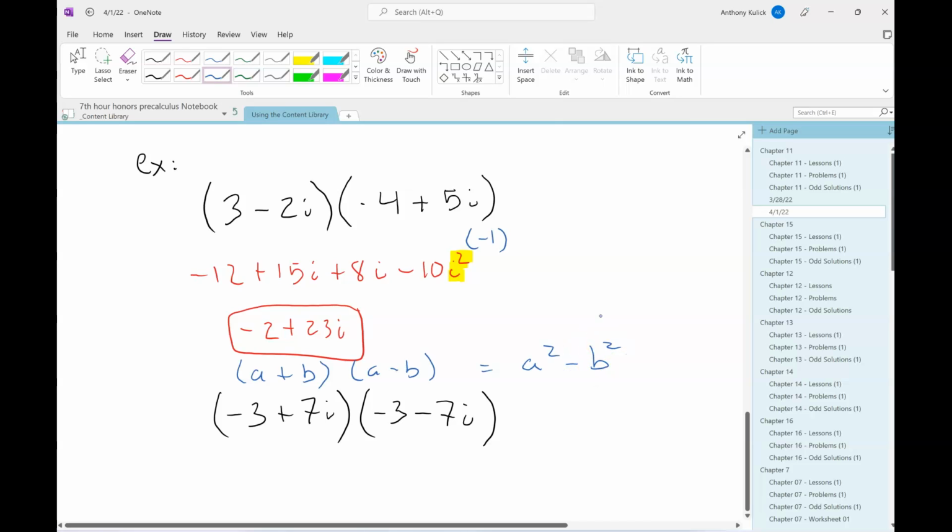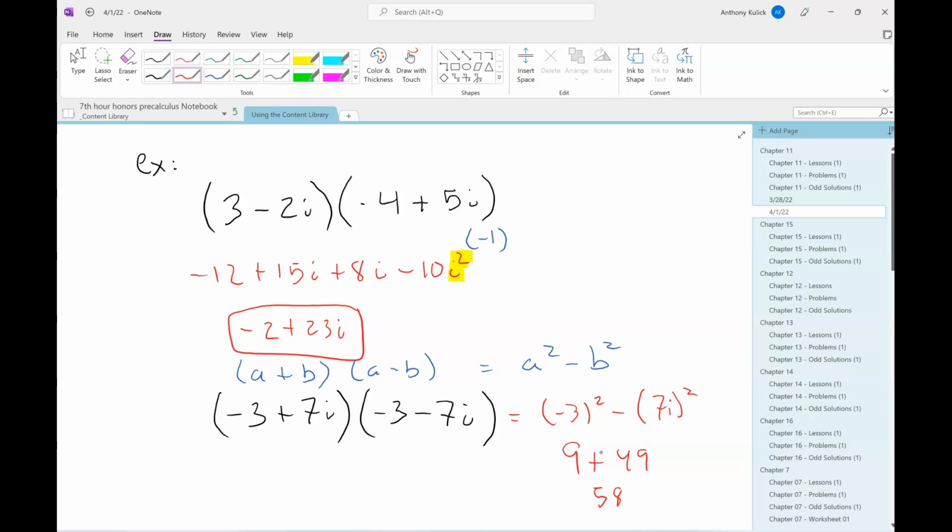So instead of foiling on this one, I can just do 9 plus 49, or 58. How did I get 9 plus 49? 7 squared is 49, but why is it plus instead of minus? Negative 1 from the i squared, exactly right.